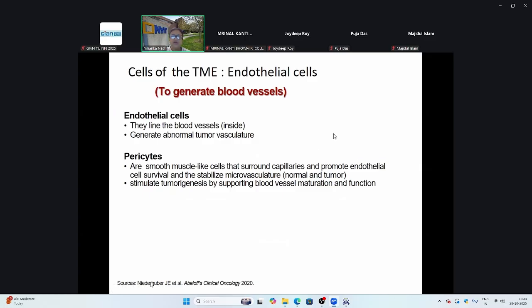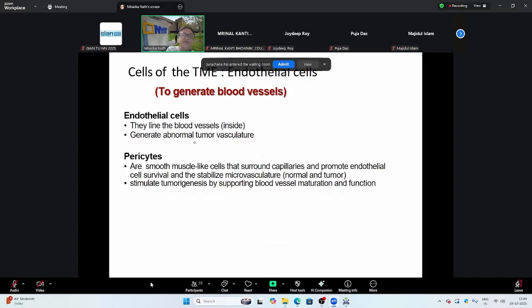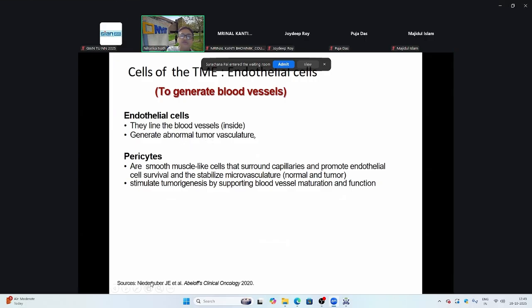And I think almost towards the last of these cells is endothelial cells. That's for generating the blood vessels. So endothelial cells are also part of the stroma now, and they can help by creating abnormal tumor vasculature. Abnormal, so they can help by making more vessels. All right, and pericytes, they are smooth muscle-like cells, okay?